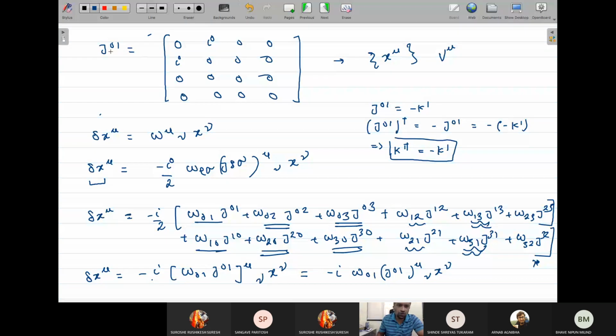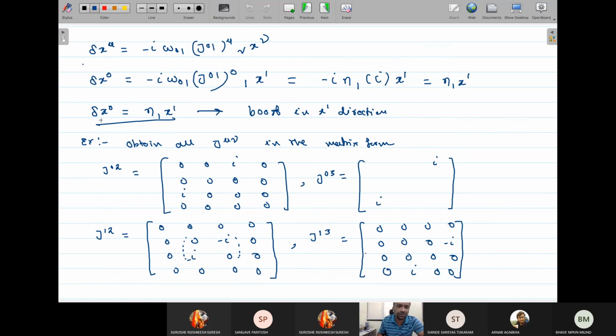So you should know all these generators J01, J12, J23, etc. You can use them and you can get the corresponding change in the coordinate. We can verify that this delta x0 is eta1 x1. So eta1 is basically the parameter for boost.